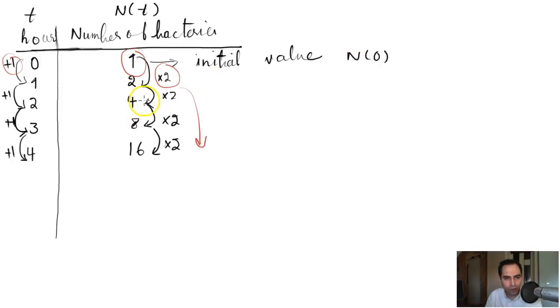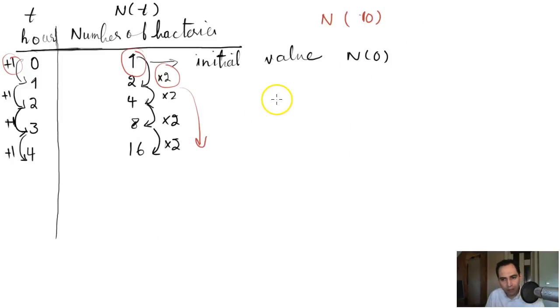Now if I want to know, for example, what is n of 10, I would have to keep multiplying and adding to inputs and outputs here to get to n of 10.